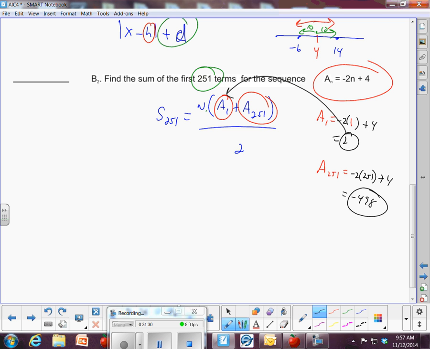The negative 498 goes in for a sub 251. What do you put in for n? Say it if you know it. 251, right, is the n. So you'd have to solve that little equation. You'd get the grand old value of negative 62,248.